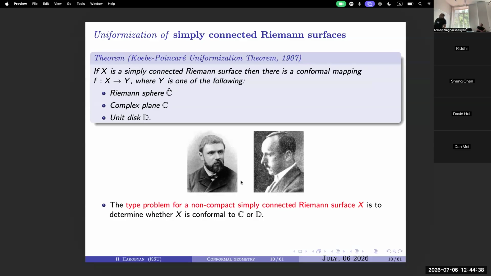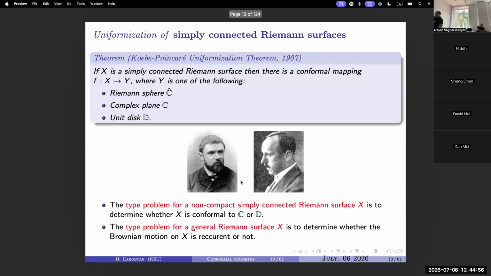Okay, so more generally, the type problem for a non-compact simply connected Riemann surface is to determine whether X is conformal to one or the other. And just to illustrate that this is not a trivial problem, the type problem, just to relate to what we were talking about before, basically is to determine whether the Brownian motion or the random walk on the surface is recurrent or not.